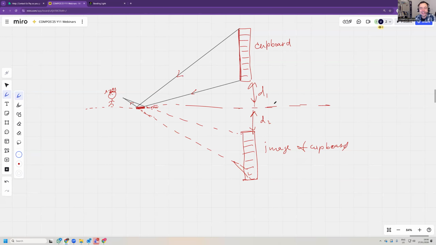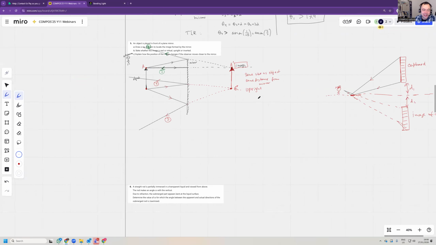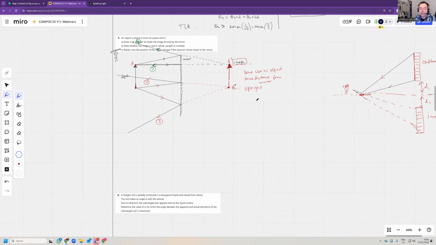Right. So yes, always. The size of the mirror does not matter. It's just that with a very small mirror, you don't see the whole image at once. You see parts of the image at different times. The mirror creates an image of the whole half of the universe, right?